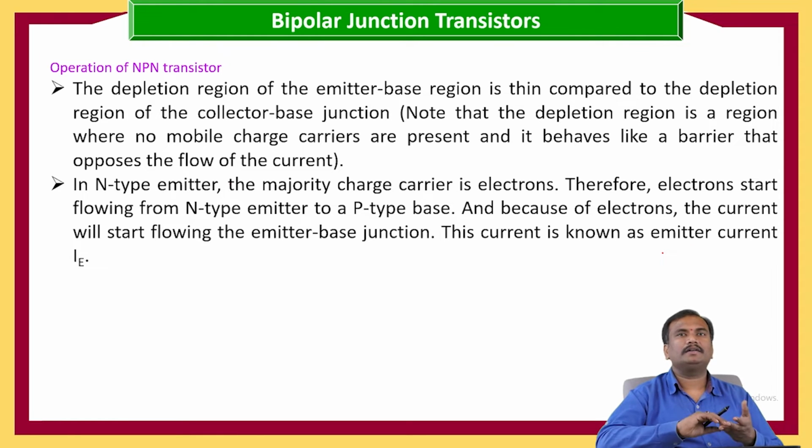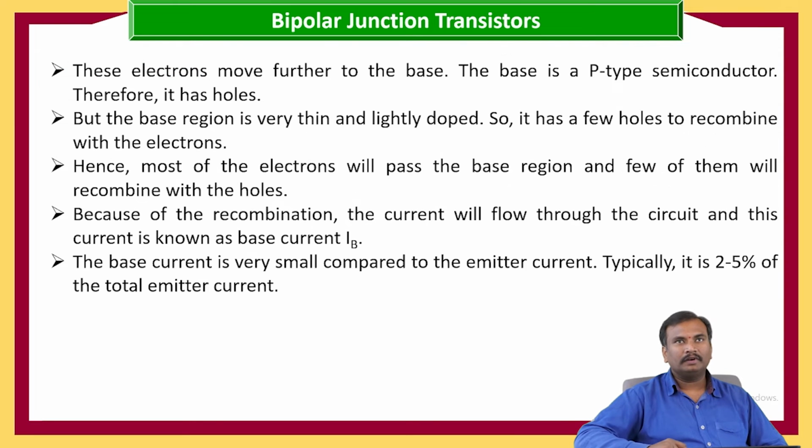Whatever the current which is flowing from emitter to base, that current is called emitter current, and these electrons will move further to the base, and the base is a p-type semiconductor, therefore it has holes.